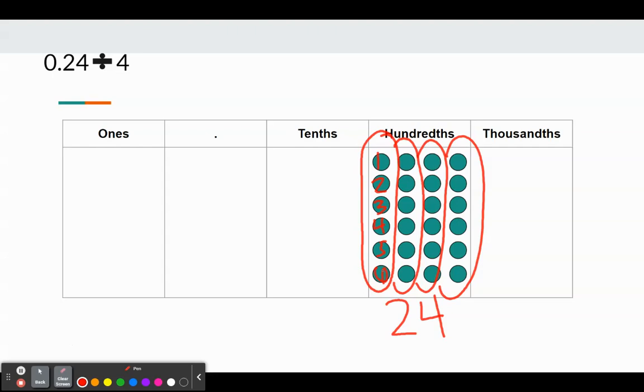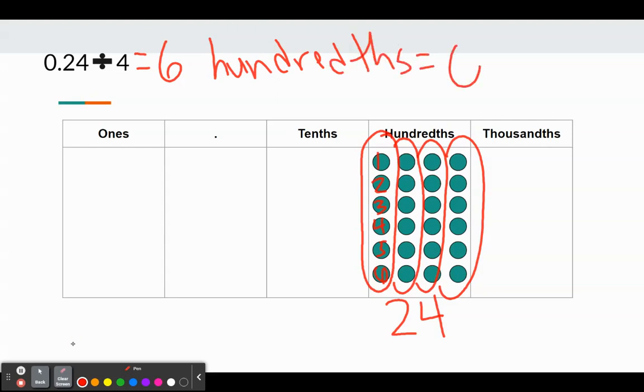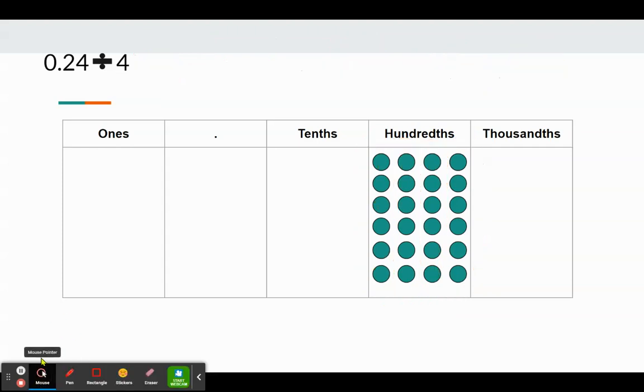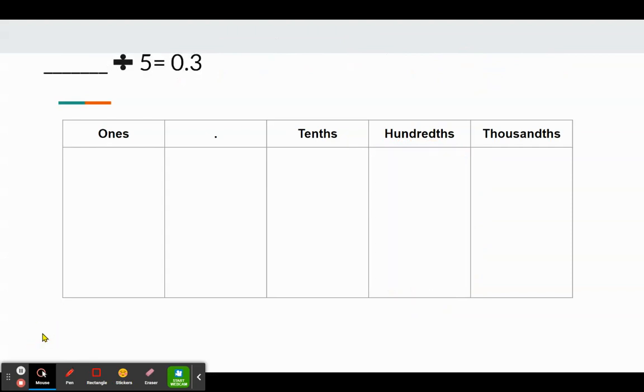So I can see that 24 hundredths divided by 4 equals 6 hundredths. Or if we were to write this in standard form, it would be 0.06.